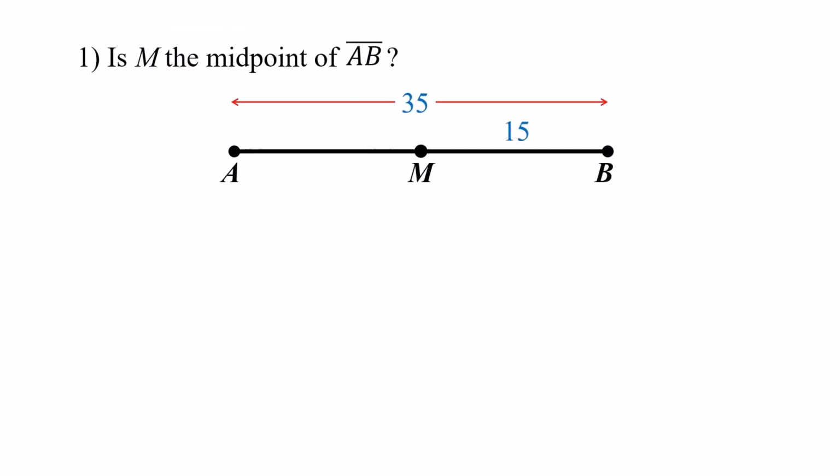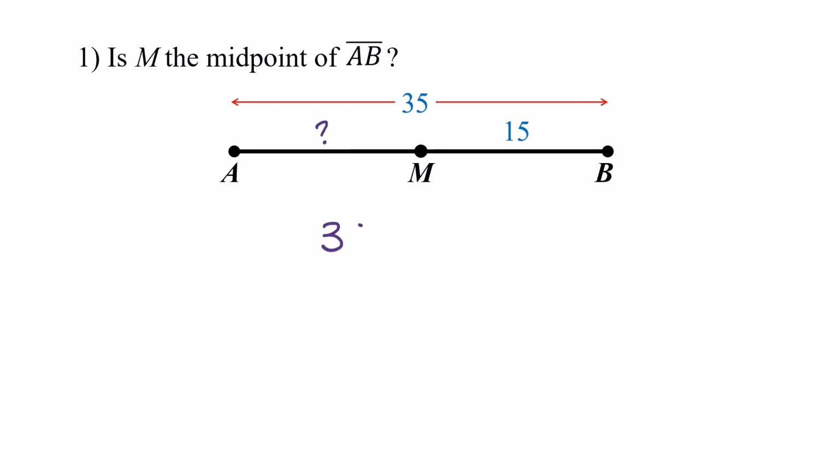This one is almost like a true and false question. Is M the midpoint of AB? Well, they're telling you that the whole length of it is 35. And they're telling you that this piece is 15. So you just pretty much need to figure out what this piece is. If it's a midpoint, then this would be 15 too. Somebody in their head is doing it right now, and I get it. But just in case you're not following, I'm going to show you the math.